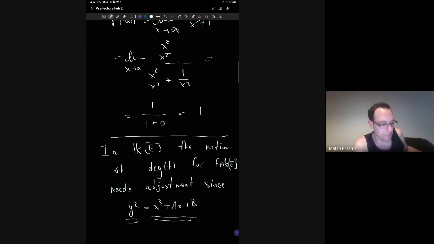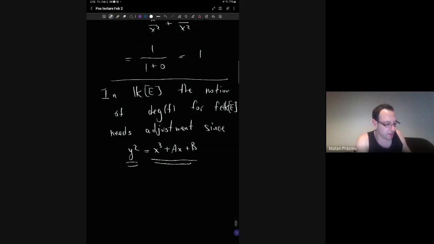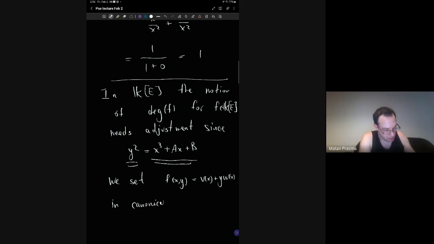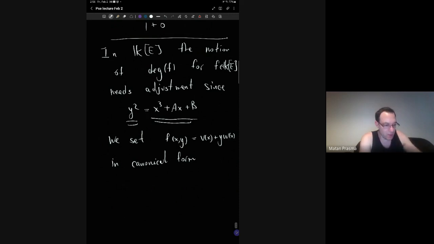So how do we make sense of it? We said f(x, y) in canonical form, and again we have this relation y squared equals x cubed and so on.